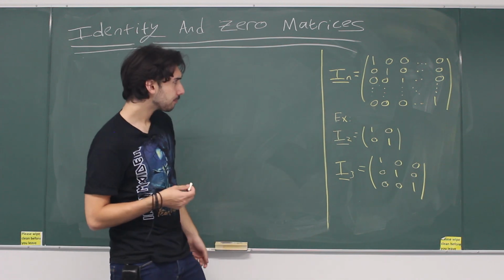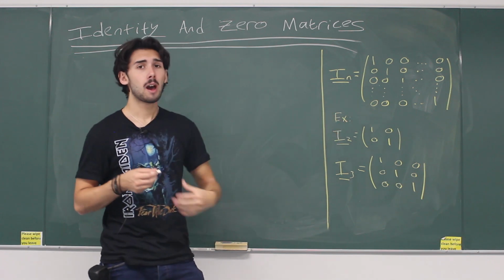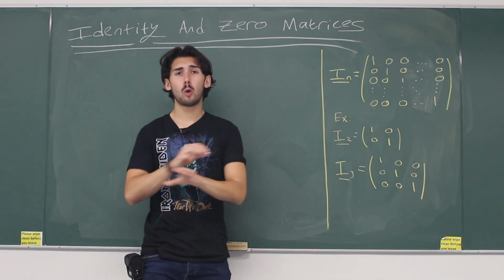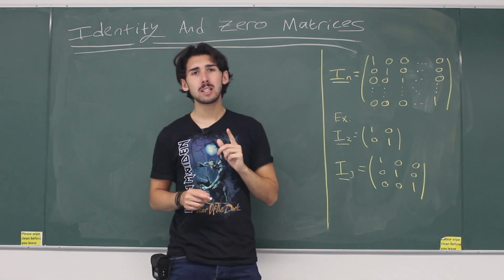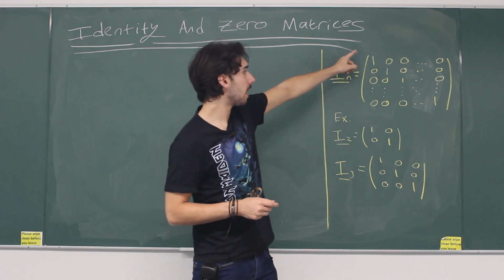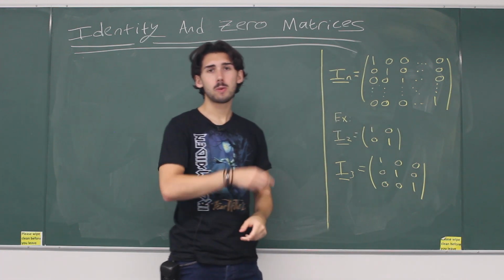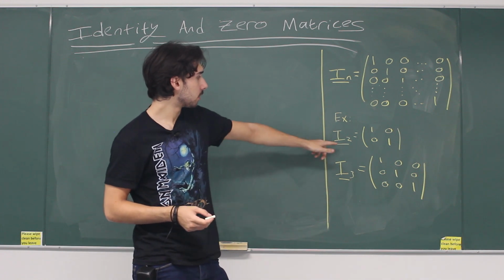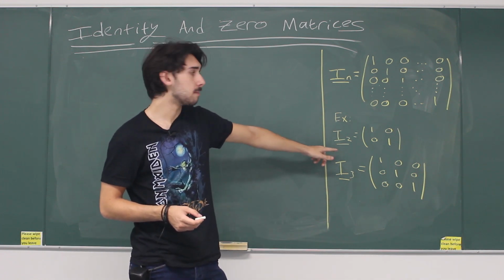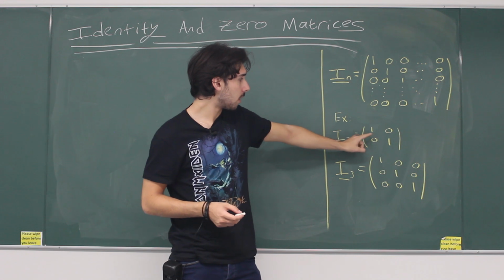Now what is it? It is simply a matrix that consists of all zeros except on what we call the leading diagonal, which is the top left to the bottom right diagonal. You have the number 1 going all the way down. For instance, the 2 by 2 identity matrix would look like this: 1, 0, 0, 1.